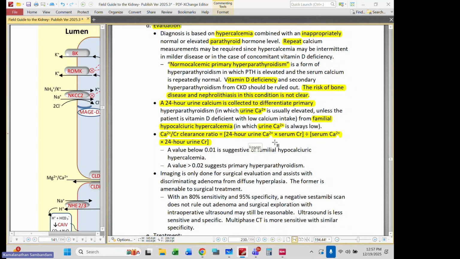This is nothing more than FENA changed to FECA, I guess. Fractional excretion of calcium. And then you use a 24-hour urine. The 24-hour urine smooths out the peaks and valleys that you evidence in your daily experience.